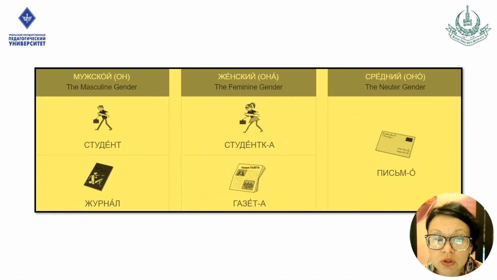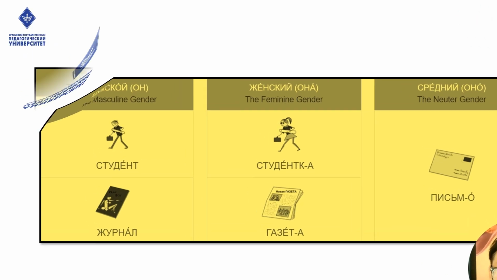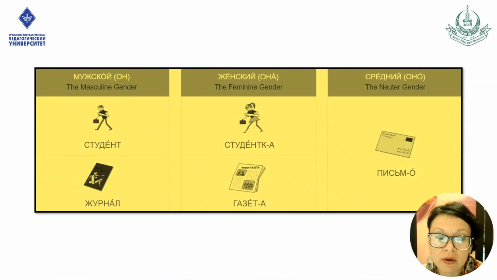And the neutral gender, письмо, оно. Here we have this о ending, and it's obvious that о points to neutral gender in Russian, right?